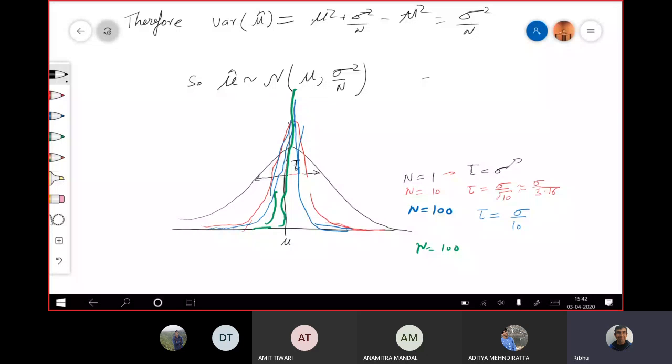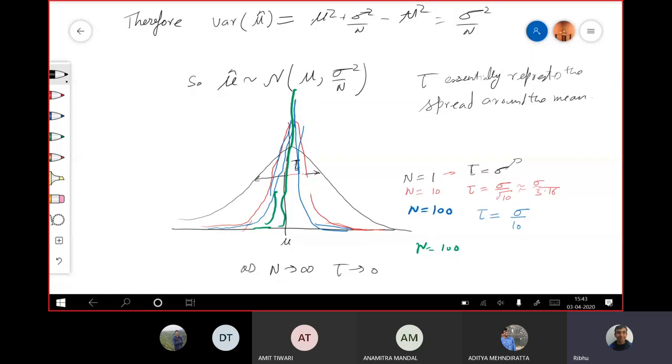So this sigma, or this tau in this case, represents the spread around the mean. The smaller tau, the less will be the spread around the mean. So as n tends to infinity, tau tends to 0, or as n tends to infinity, the sample mean is more and more concentrated around the true mean. Or you can say that it converges asymptotically to the true mean.